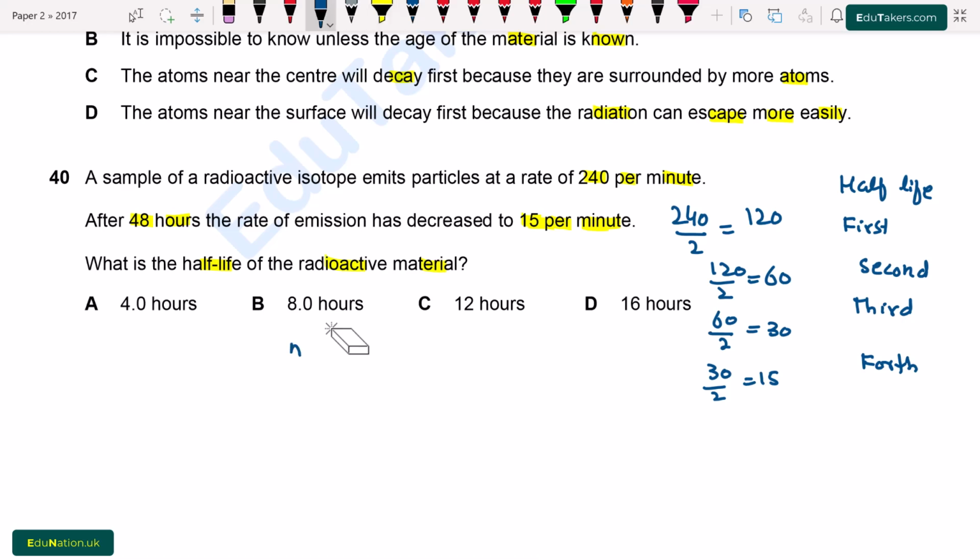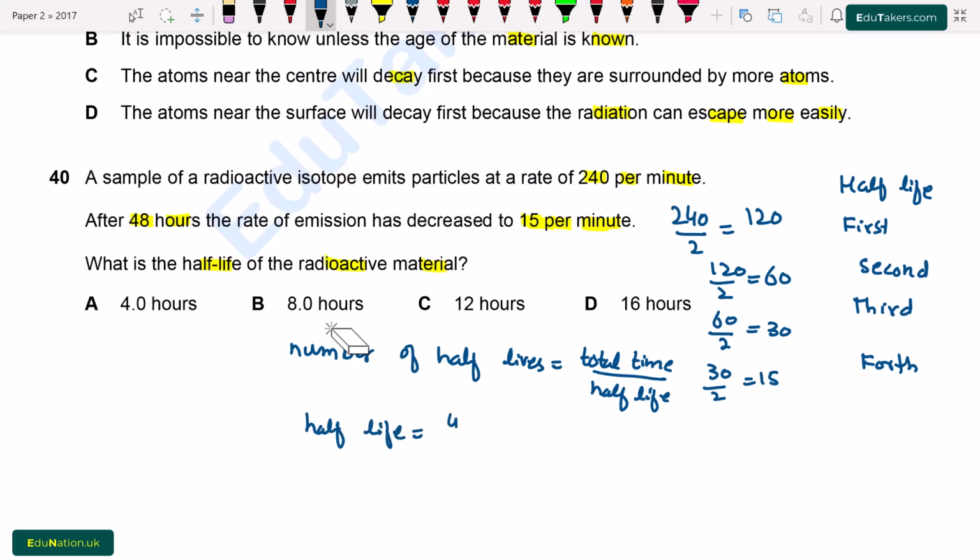So the number of half-lives will be equal to total time divided by half-life. We have to find out the half-life. So half-life will be equal to total time, which is given as 48 hours, divided by number of half-lives.